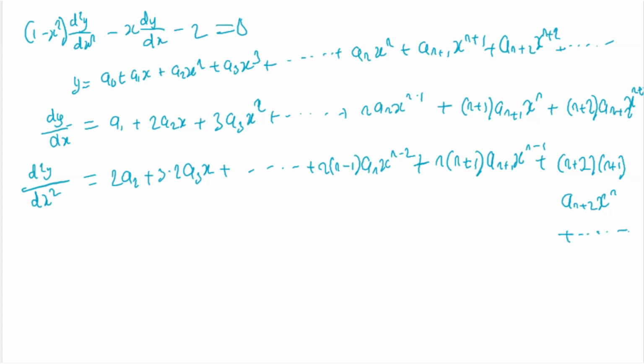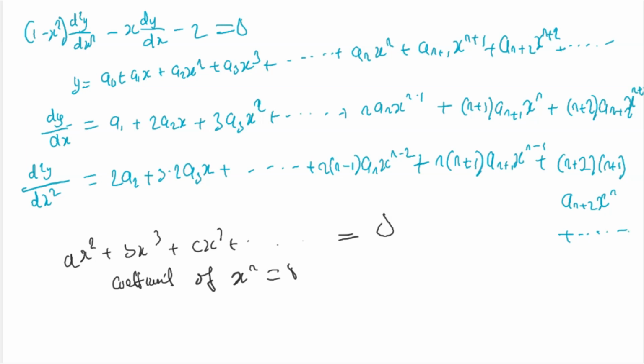Now, just like I have pointed out, if we plug all this expression into this equation, we have something like, let's say, a x squared plus b x to the third plus c x, something like a polynomial expression, and we are told that this whole thing equals 0. That means each of the coefficients, so the coefficient of x to the n, should be equal to 0 on the left hand part.